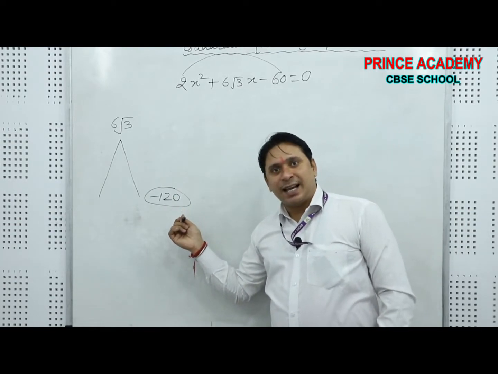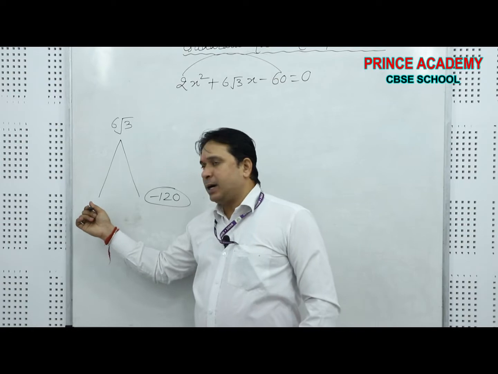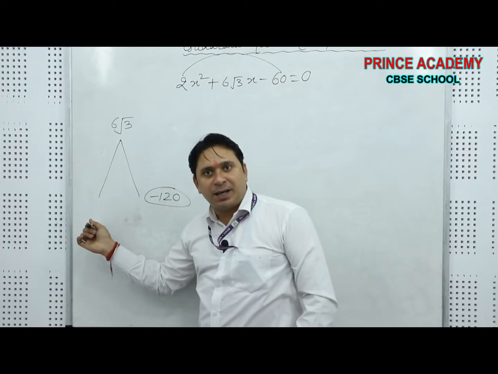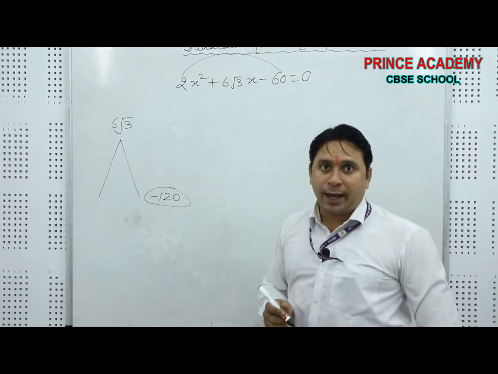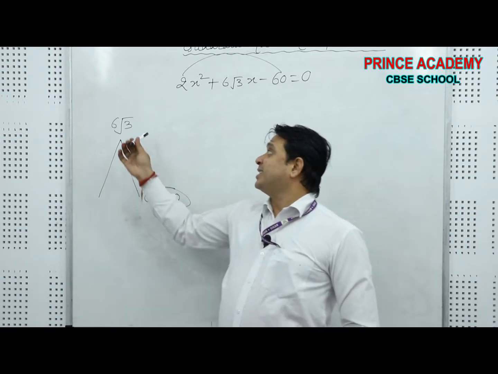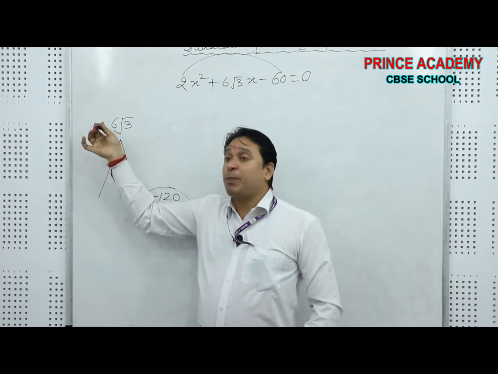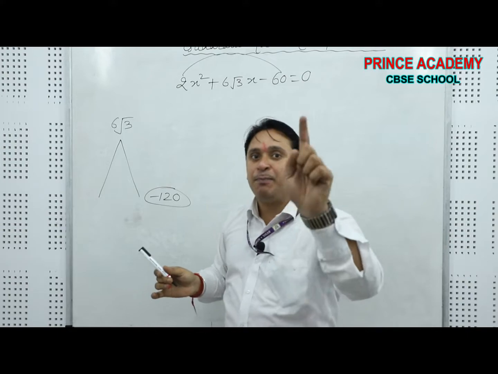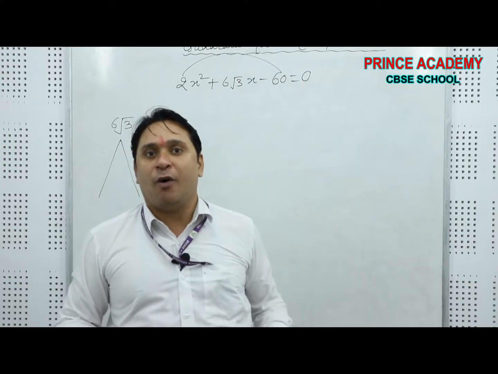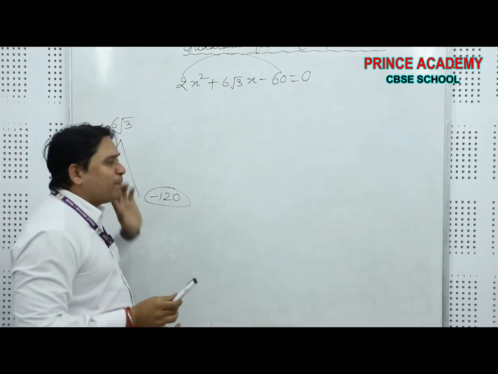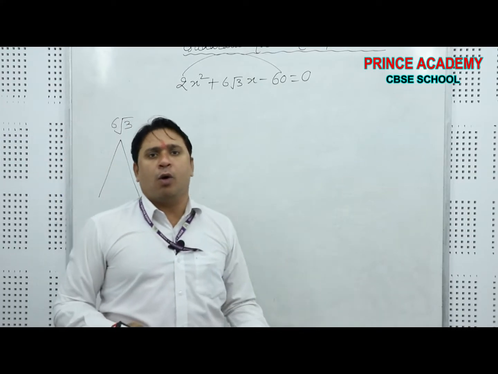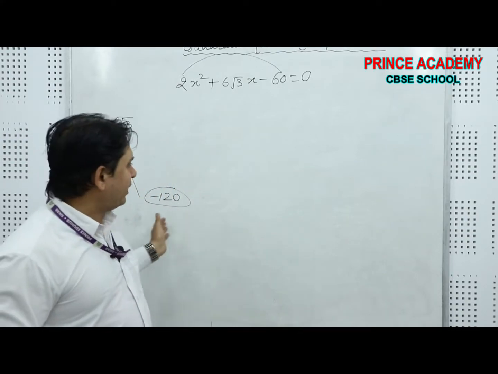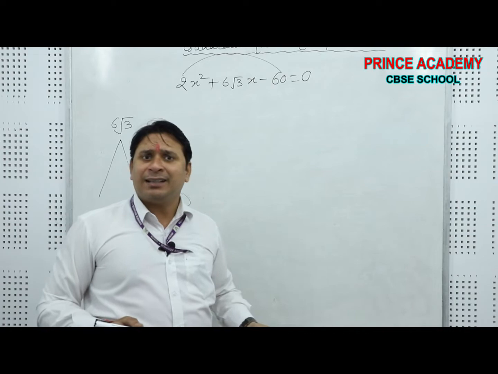Product is of minus sign. Definitely there will be 2 parts of opposite sign. One is plus and one is minus. Okay, second thing. This is 6 root 3. This is plus. It means the greater part, larger part will be of positive sign. Okay, this is the simple criteria you all know because you are doing such kind of factors from the 8th-9th class.